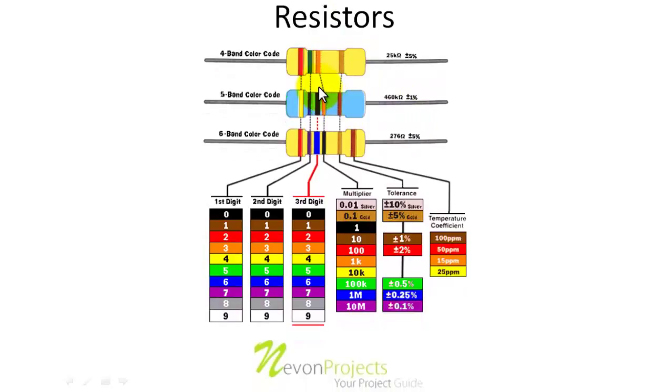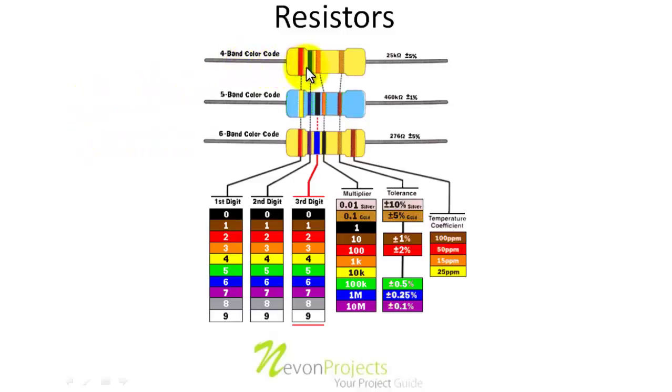Now resistors come in various values, and these values are actually standard, varying from, say, basic 10 ohms or 2 ohms, 22 ohms or 220 ohms or 330 ohms, and similarly there are some standard values for which resistors are commercially available. Now how to recognize a particular value of a resistor?